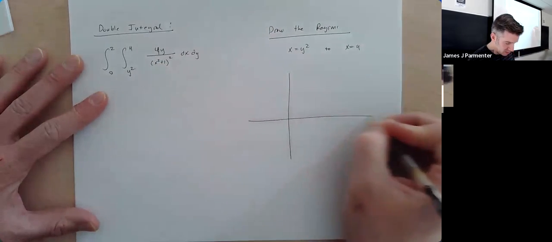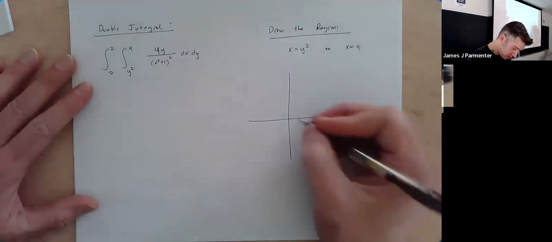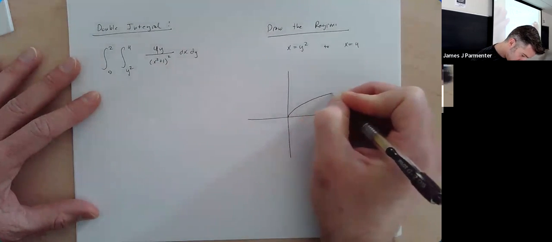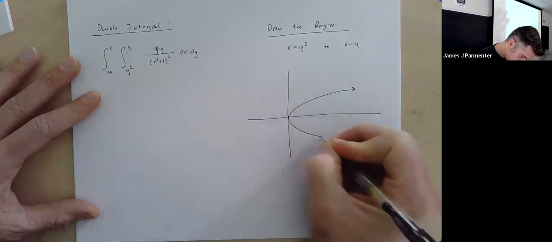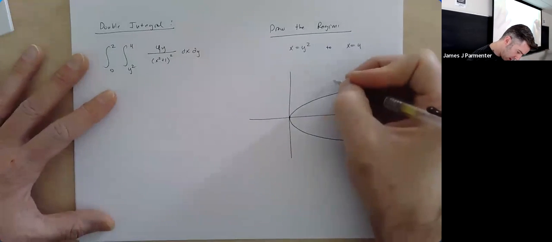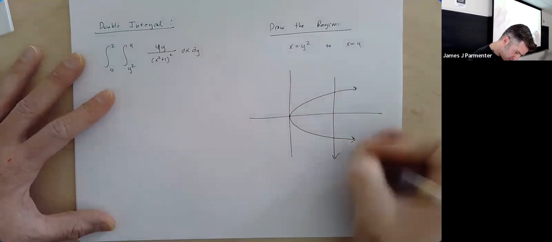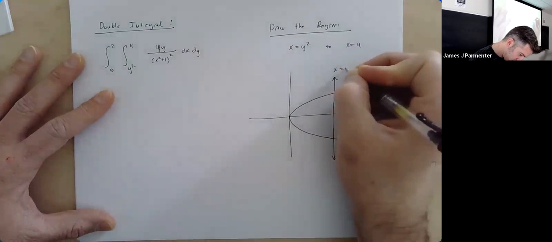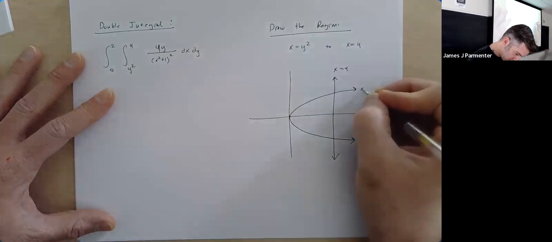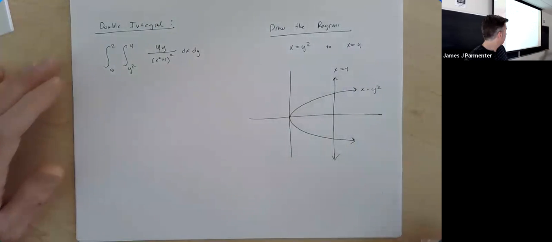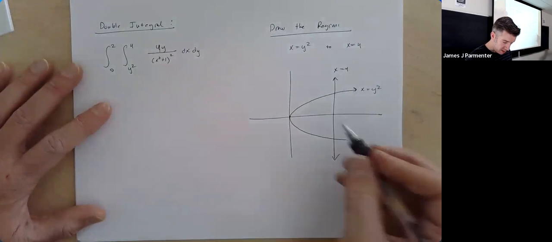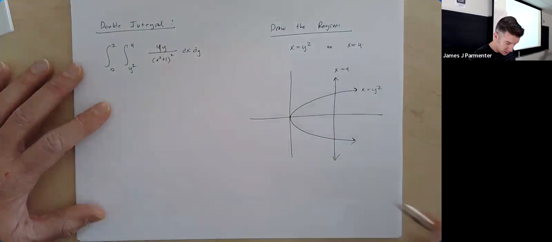So x equals y squared is a rightward opening parabola. And x equals 4 is a vertical line. But then y is only going from 0 to 2. So we're only getting the top half of this region.